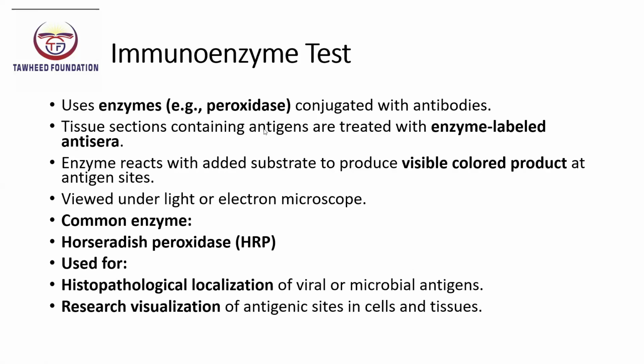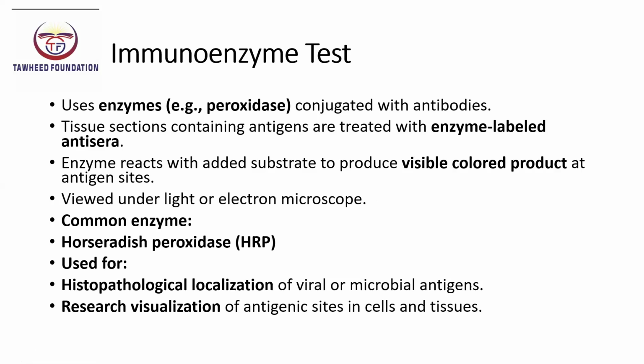Next is immunoenzyme test. In the immunoenzyme test, antibodies are conjugated with enzymes such as horseradish peroxidase (HRP). Tissue sections containing target antigens are incubated with these enzyme labeled antibodies. When a substrate is added, a visible colored product forms at the antigen site, which can be visualized under a light or electron microscope.